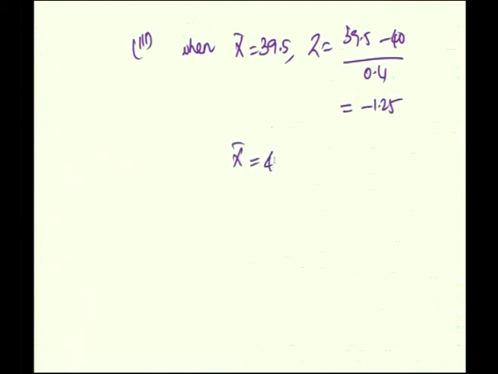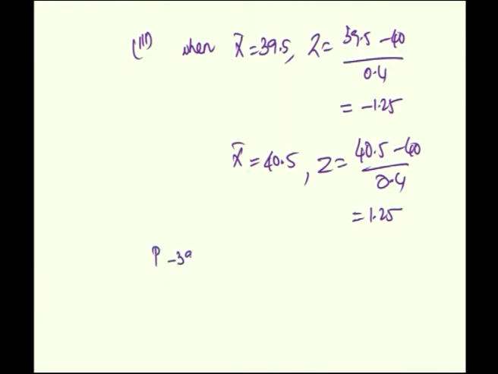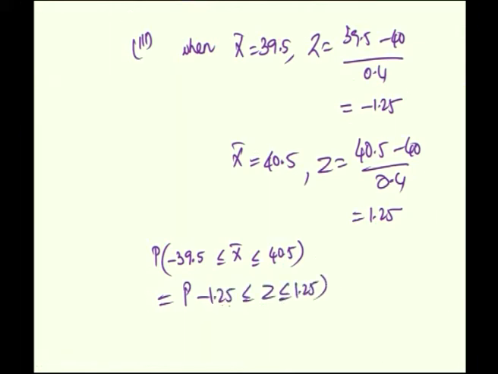Similarly, when x bar is equal to 40.5, Z is equal to 40.5 minus 40 by 0.4, which is plus 1.25. So, P of 39.5 less than or equal to x bar less than or equal to 40.5 will be equal to P of minus 1.25 less than or equal to Z less than or equal to 1.25.